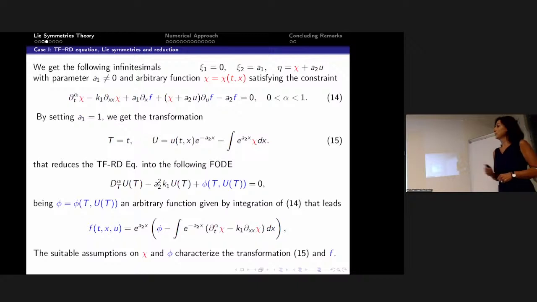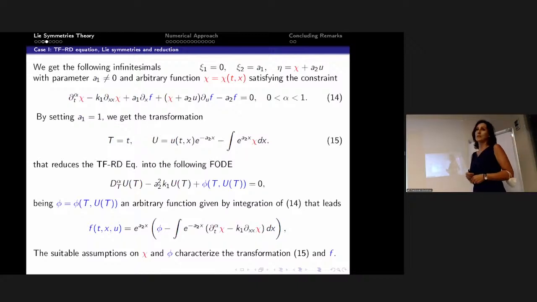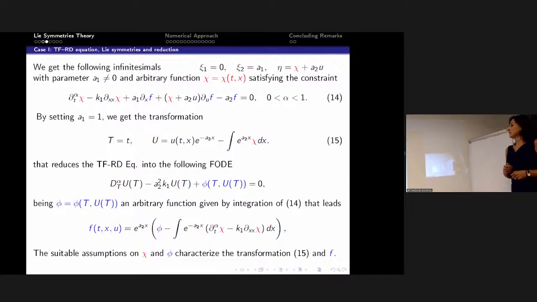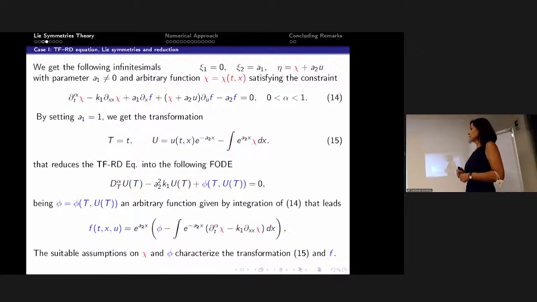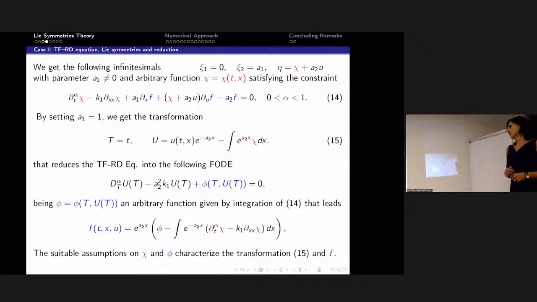In this way, we obtain the transformation number 15. This transformation allows us to map the original model into the fractional differential equation reported in the slide. Note that phi is an arbitrary function, and that this function characterizes the function f. I remind you that the function f is the source term involved in the original model.